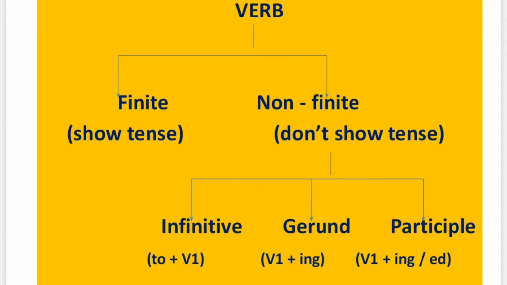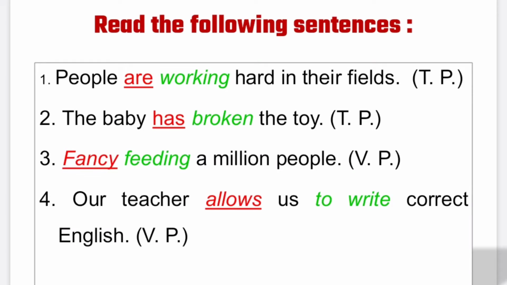Now move to another slide. Read the following sentences. People are working hard in their fields. The baby has broken the toy. Fancy feeding 1 million people. A teacher allows us to write correct English. In these four sentences, we can find two types of verbs.